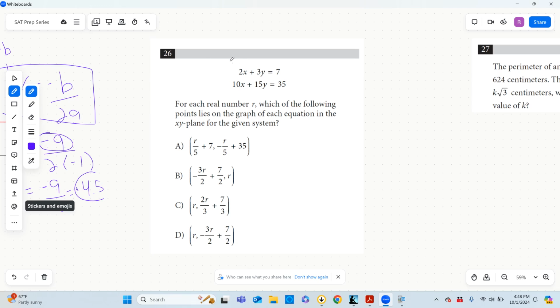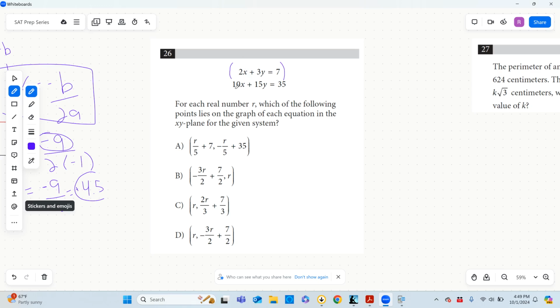If you're familiar with the elimination method, that is when you take one of your linear equations and multiply it by some factor so that you can later subtract the two equations and get one of these variables to cancel out. So let's say I wanted to get my x variables to cancel out by subtracting these two equations. I could do that as long as my x variables have the same coefficient.